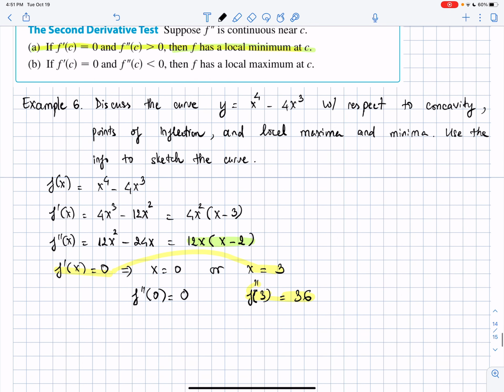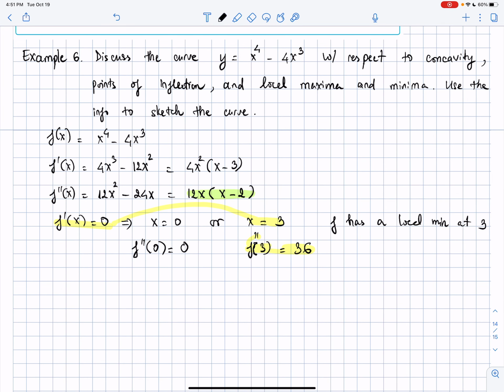It says that, so what do we conclude? We conclude that f has a local minimum. c is 3, okay? We want to find the point, then we will put that x into the function f to find the output.